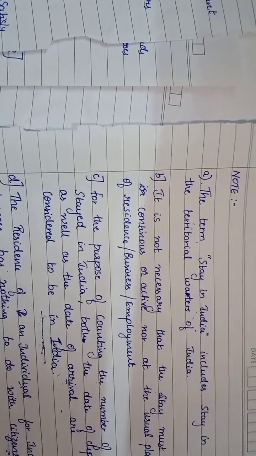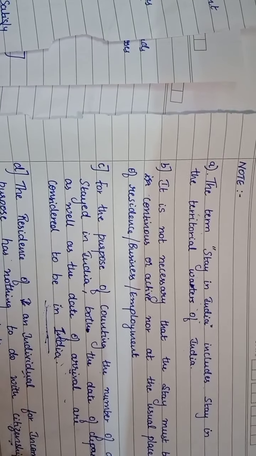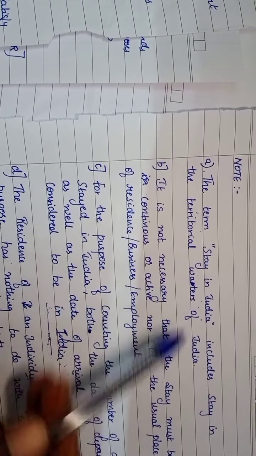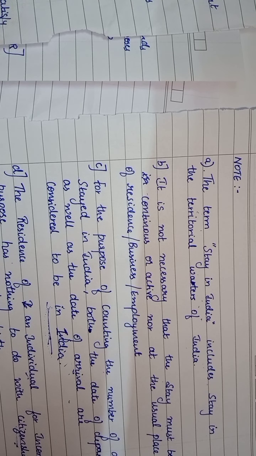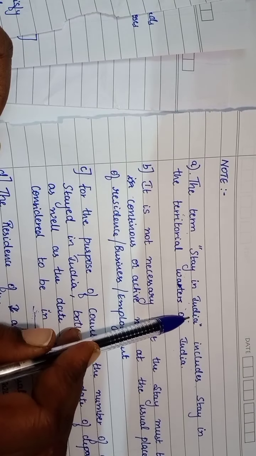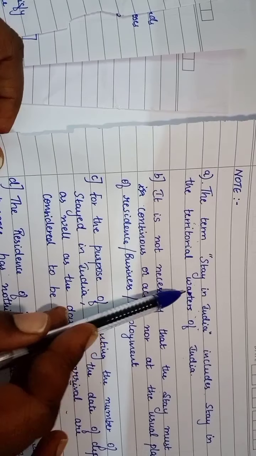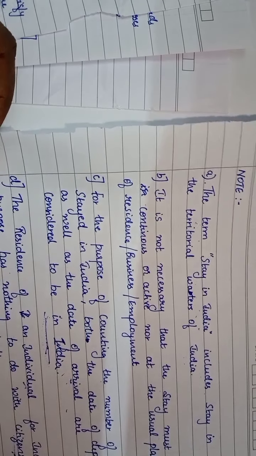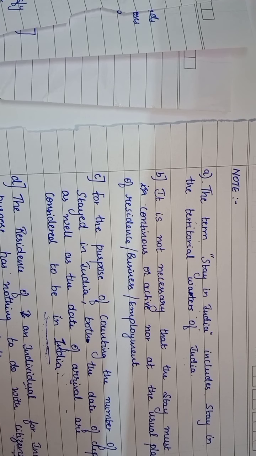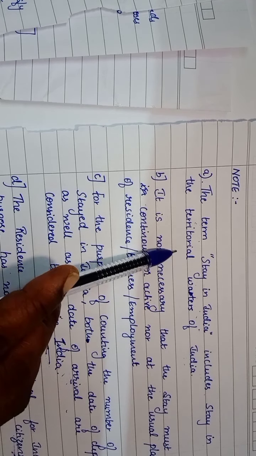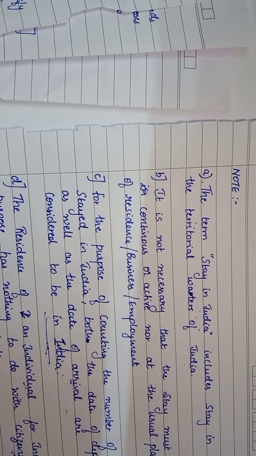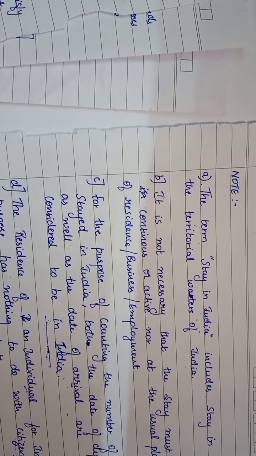Next, here are some important points which you have to keep in mind while calculating the stay of a person in India. The stay in India includes the territorial waters of India also. Suppose the person is traveling in a boat or ship in the territorial waters of India, even that is to be considered as a stay in India.